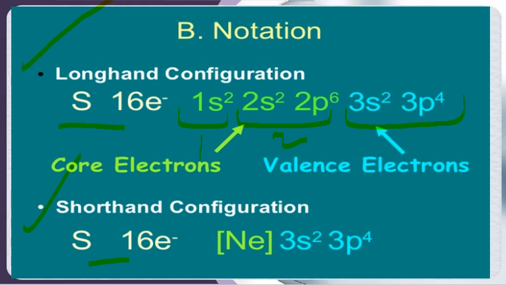But if you want to write a shorthand configuration, then consider the first completely filled orbitals as the core electrons, right? Up till this point it matches the periodic table where one of the noble gases will be found. It has the atomic number 10 up to this second shell, that is 2 in the first one and 8 in the second one.